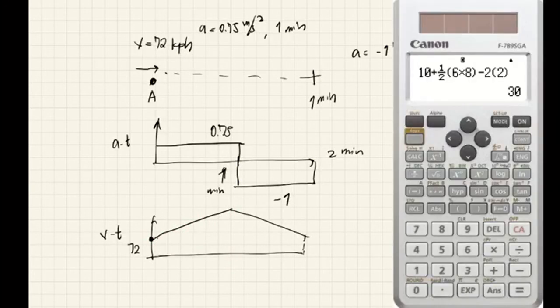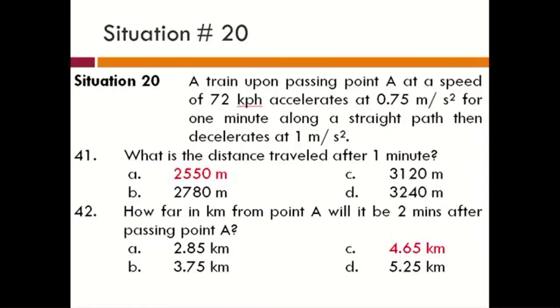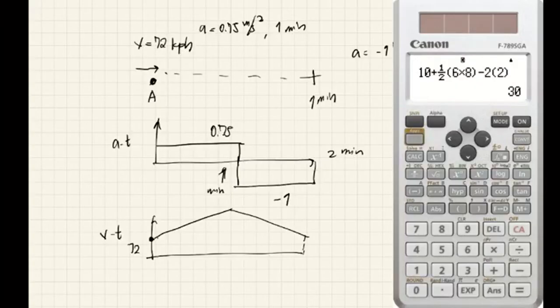Okay, buuin muna natin yung velocity time graph. Wait lang ha. 72 kilometers per hour. Ano ba yung mga units natin? Gawin nating meters per second yung 72 kilometers per hour, para consistent tayo ng unit.